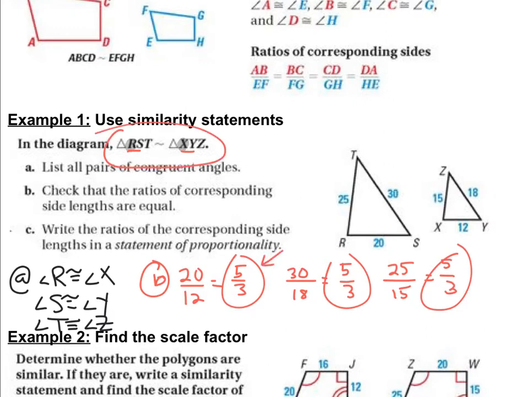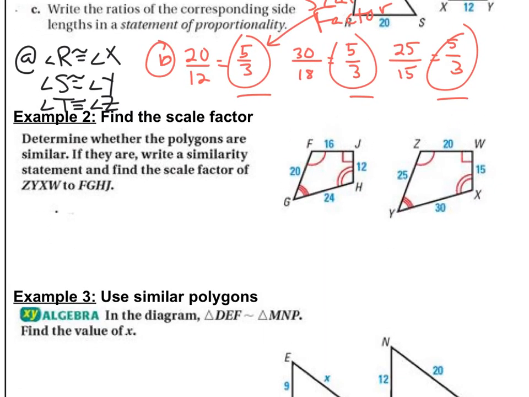We also know that this is our scale factor. Depending on how we talk about it, this bigger one is 5/3 the size of the smaller one. But this ratio that we come up with, that is our scale factor. Scale factor can be used for a number of different things.